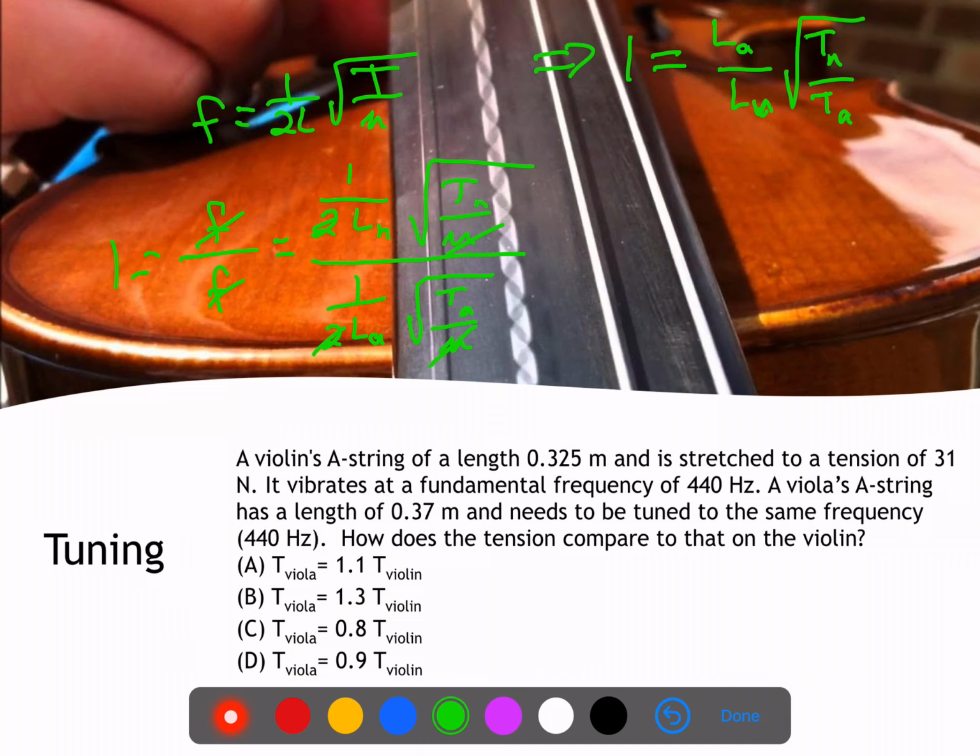Solving this for the tension on the viola, it should be the ratio of the lengths of the strings all squared times the tension on the violin string. If I plug in what's given to me here, which is 0.325 meters for the violin and 0.37 meters for the viola, then I find that the tension on the viola is going to be 1.3 times the tension on the violin.